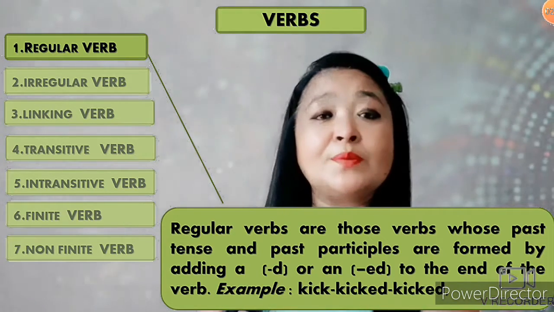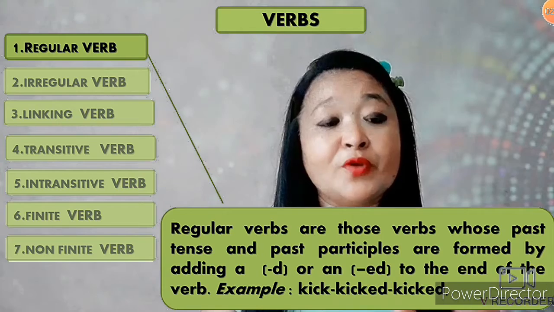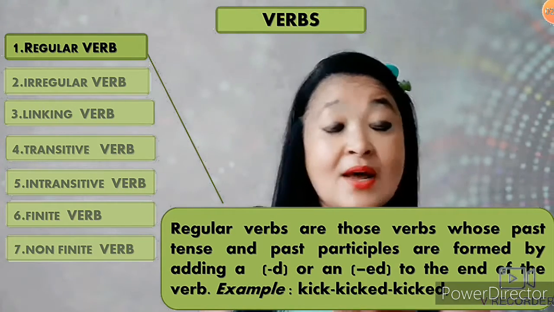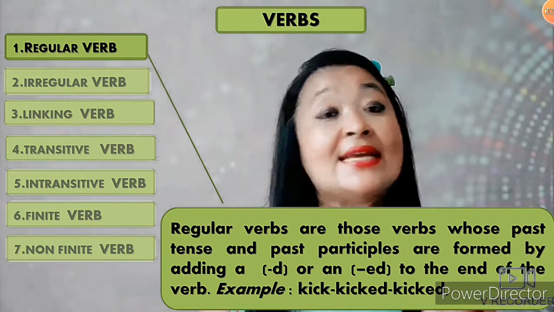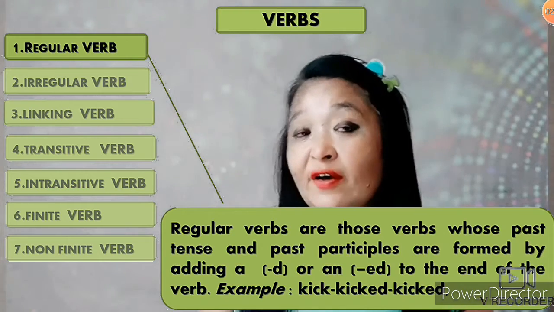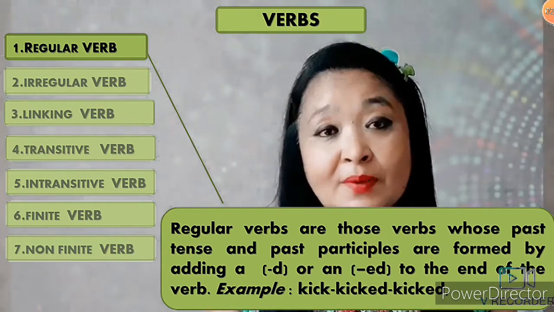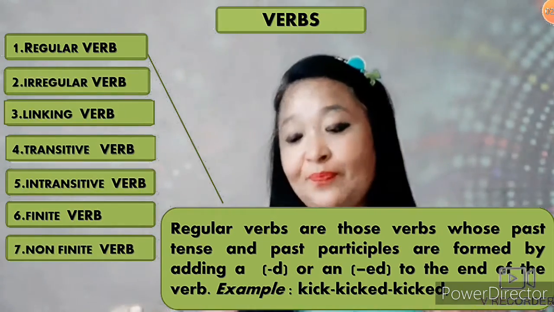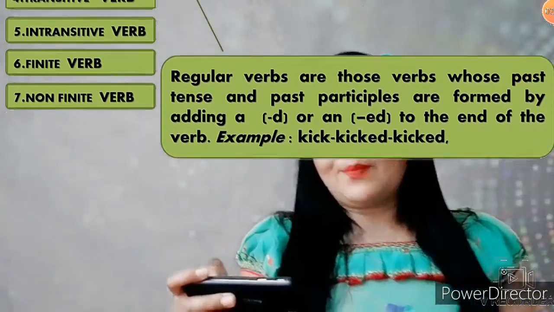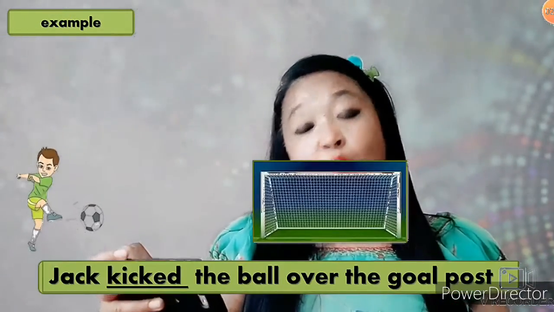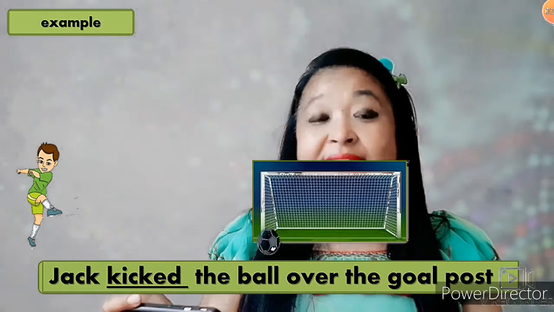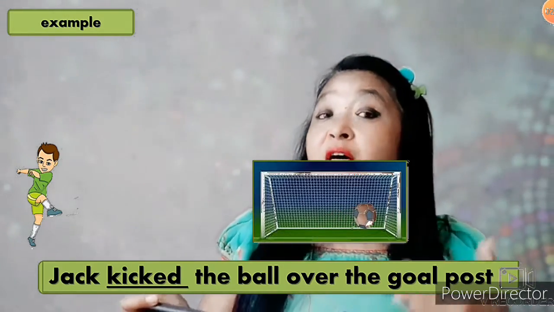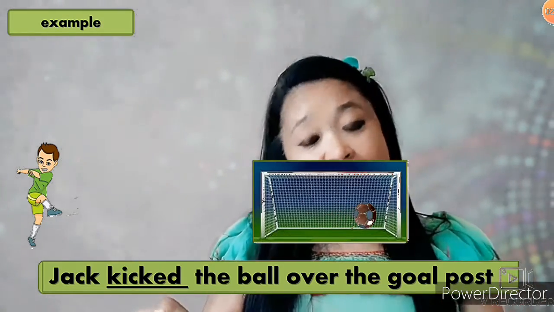So this kind of verb, where you have made the past tense and the past participle by adding d or ed, is called a regular verb. Let's try to put this verb in a sentence. If I say, Jack kicked the ball over the goalpost. What is the verb in this sentence?